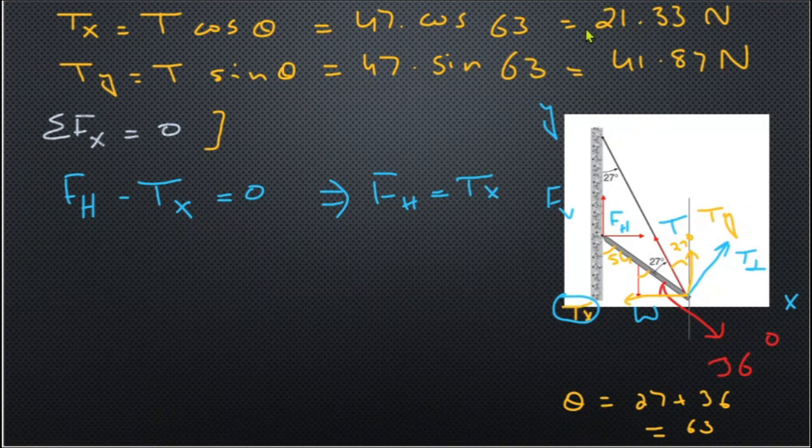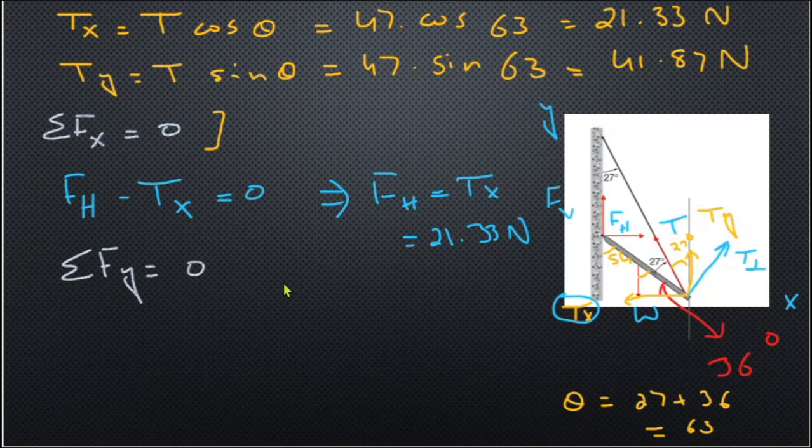The value of this Tx has been found over here, and that is equal to 21.33 newtons. Now, we have the third condition of equilibrium, which is sigma Fy should also be equal to 0 if we want our body to be in complete equilibrium.